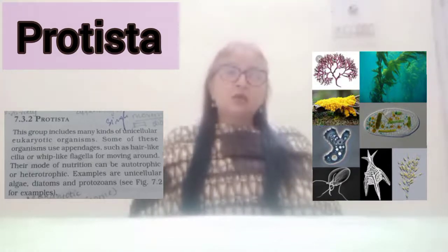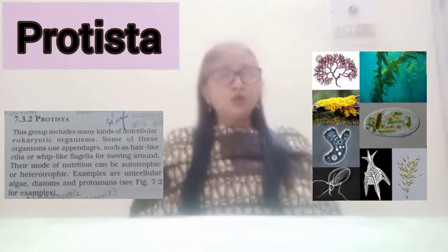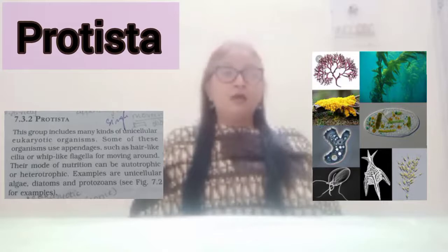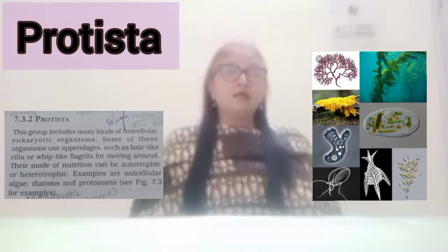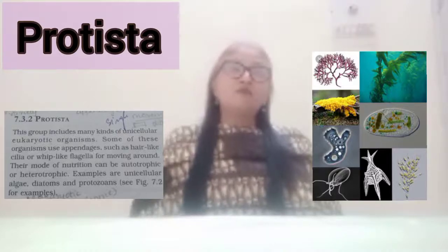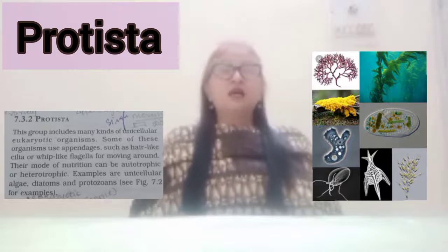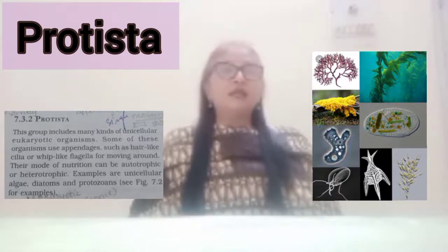The various groups that are found in the group Protista are unicellular algae, example Chlamydomonas, diatoms. Diatoms are also single-celled algae, but the speciality is that the cell wall is transparent and is made of silica. And this cell wall is intricately designed.